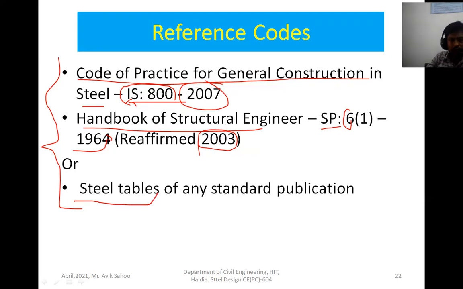Steel tables are also available in the market, so you can purchase steel tables of any standard publication. The books and codes are essential, especially codes are essential to design the steel members. The code and handbook you download or take a printout.